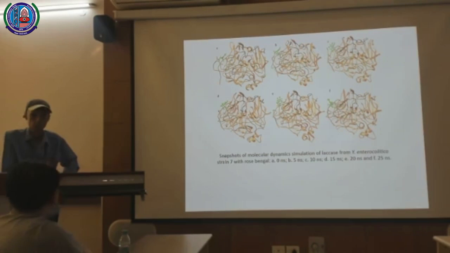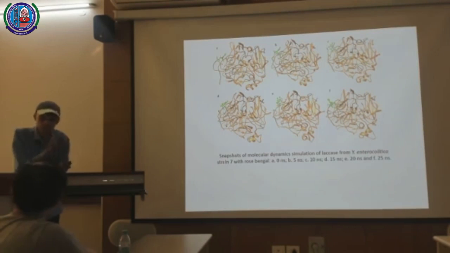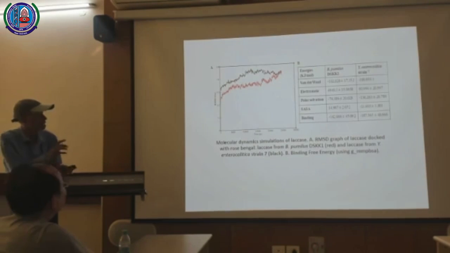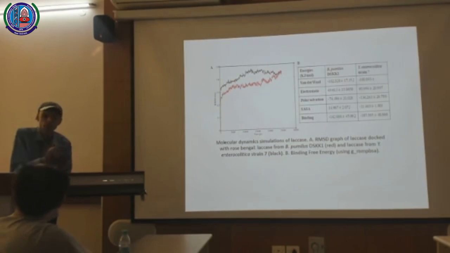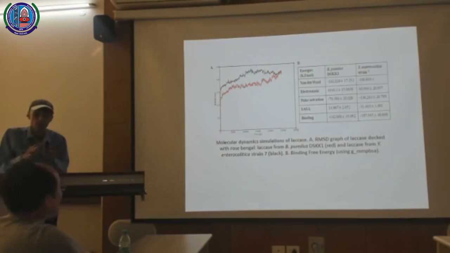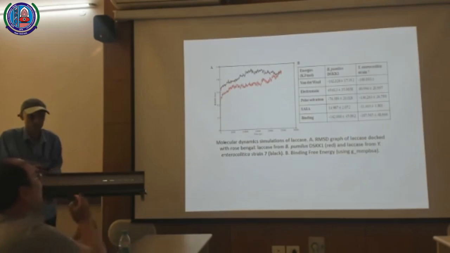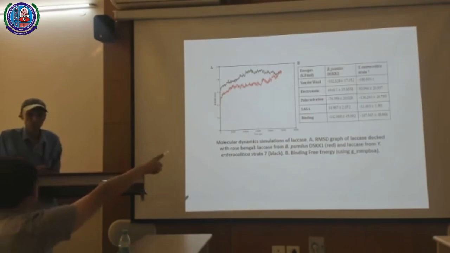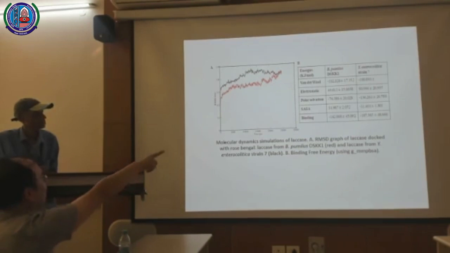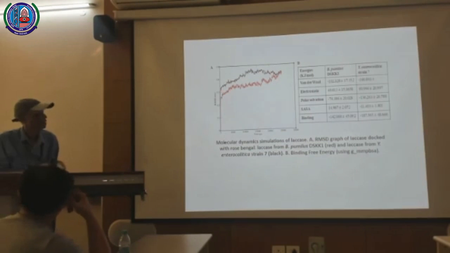This one is not optimal. This is the binding energy of the whole GROMACS simulation, the experimental binding energy. So it tells us that the ligand has a higher affinity to the right side and less affinity to the left one, Bacillus subtilis.